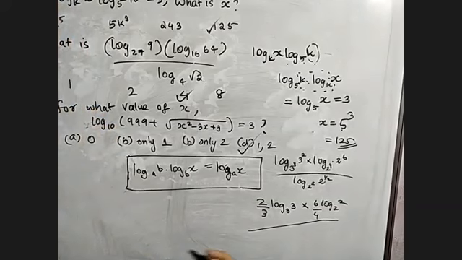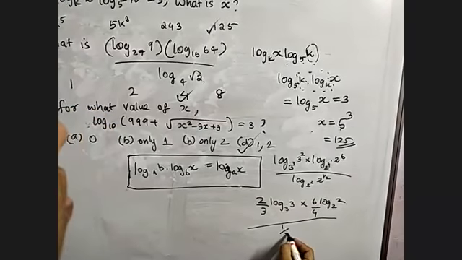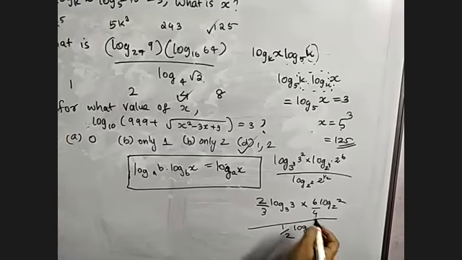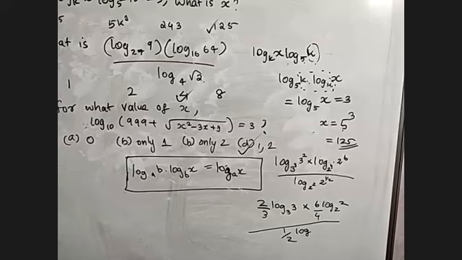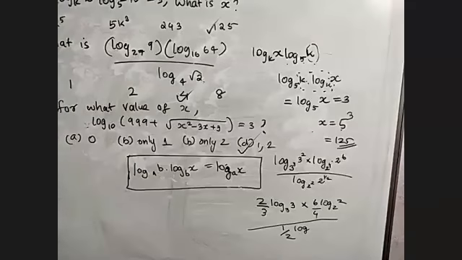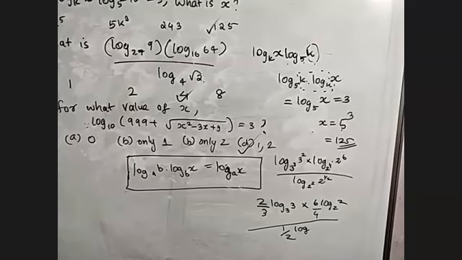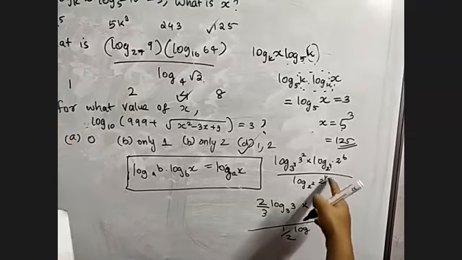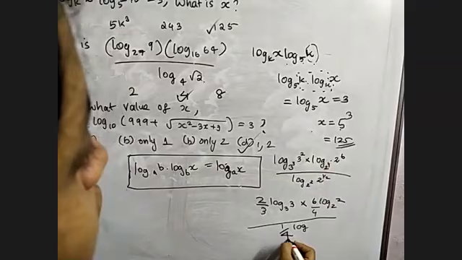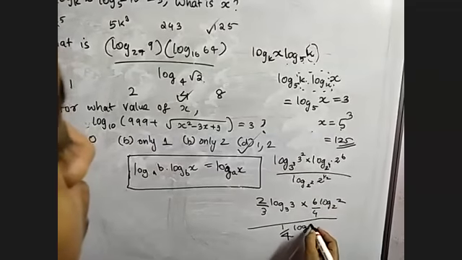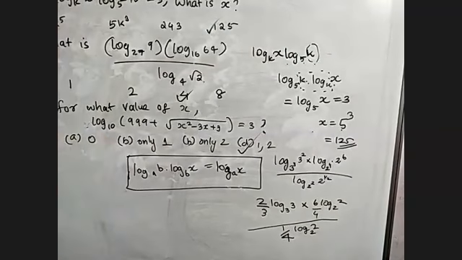This will become 1 by 2 log 1 by 2. Again one more 2 will be there, so 1 by 4 log 2, 2.